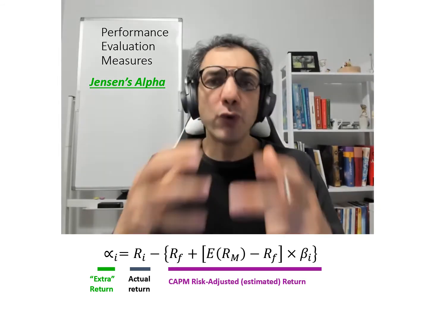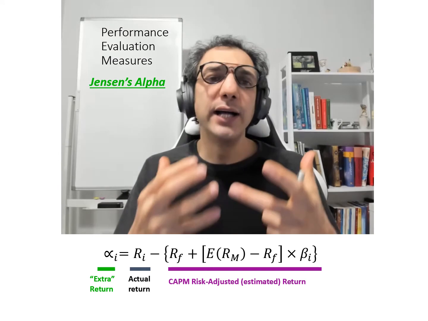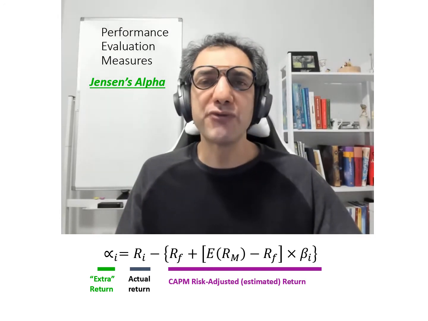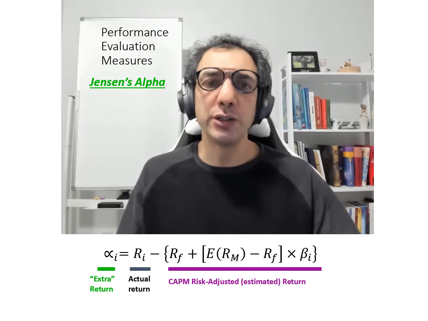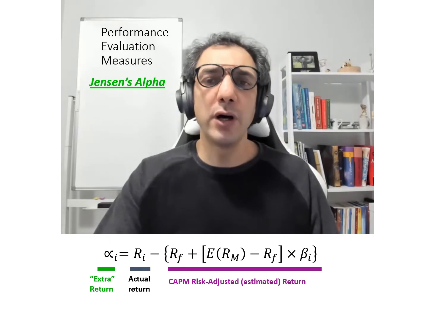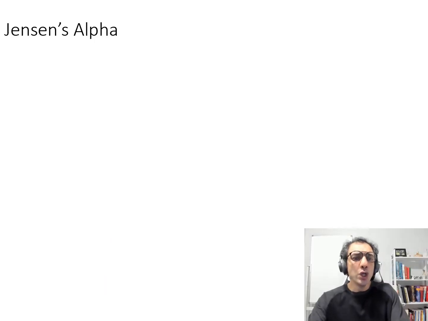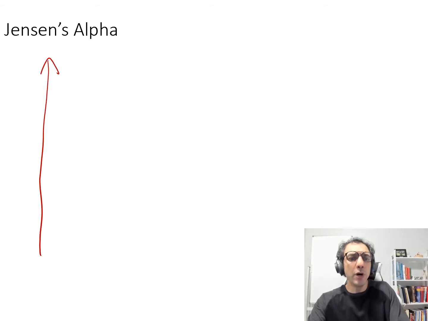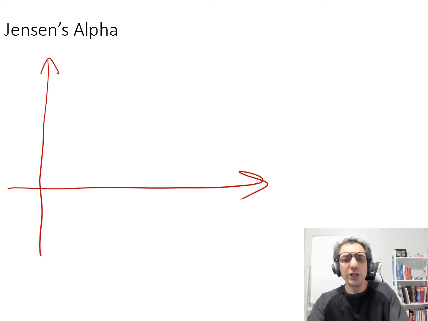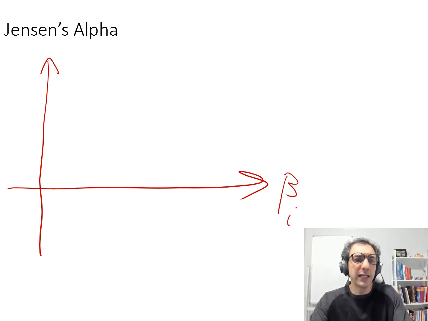Now, how does it work? Let me explain the alpha using a graphical explanation. So let's talk about alpha using the security market line. As we learned in module 13, the CAPM is showing the relationship between the beta and expected return.